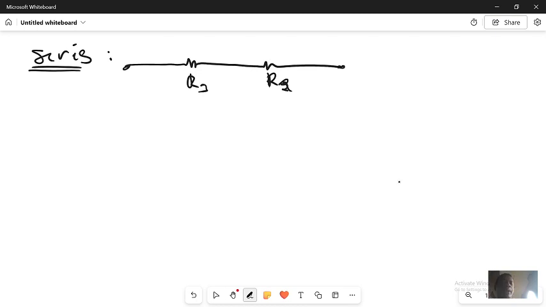The current that will flow here is the same current that will flow here. Let's say I have I, the same current will flow in this resistor R2. So if the same current flows in these two elements, it means that R1 and R2 are in series.